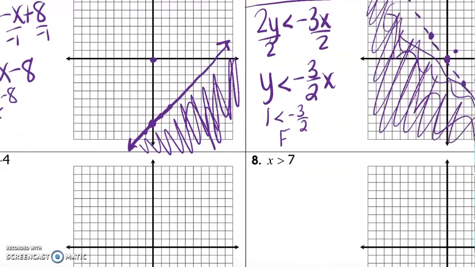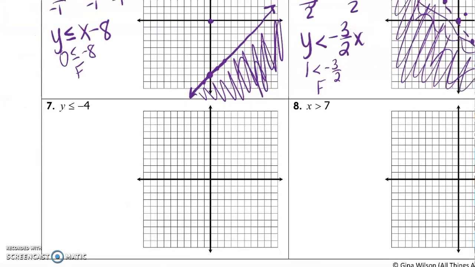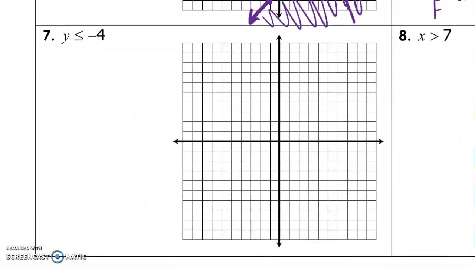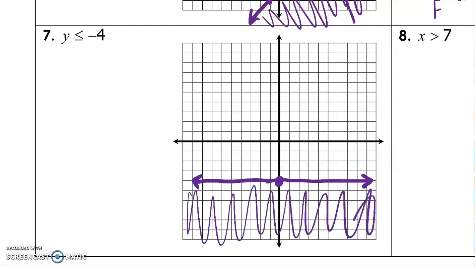The last two, I don't have an x and a y in both of them. Remember, if you have an x and a y, you should have a slanted line. If not, it should either be straight up and down or straight across. So for 7, y equals negative 4 means I go down 4 to start, then I draw straight across with a solid line. Less than would be below.